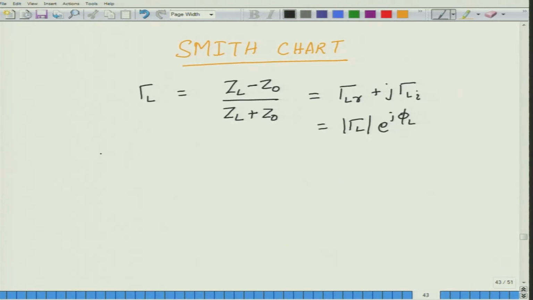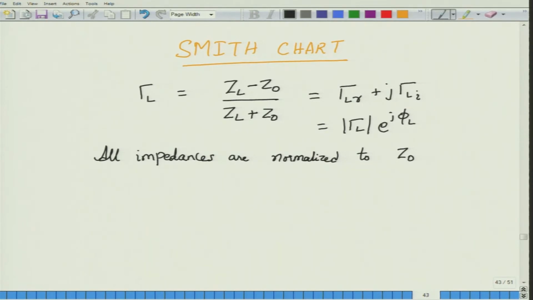Now in the Smith chart, all impedances, whether it is load impedance or source impedance or the line impedance that you would consider along the transmission line, are normalized. Normalized to what? They are normalized to the characteristic impedance of the transmission line. Why is this so? The answer is very simple.